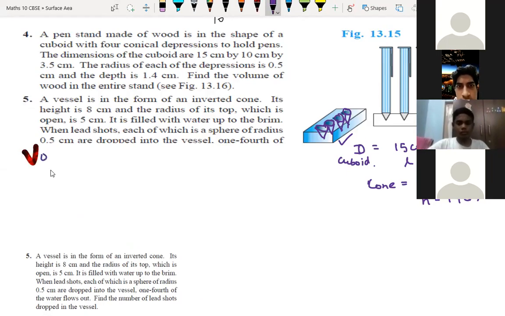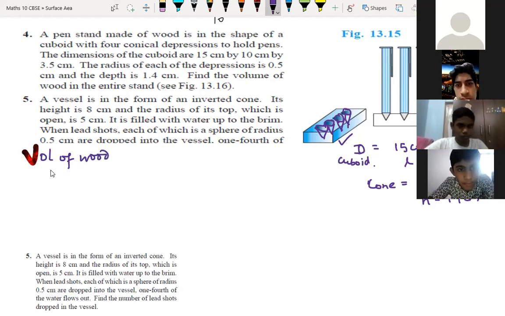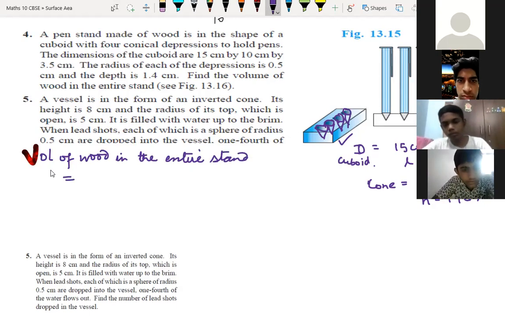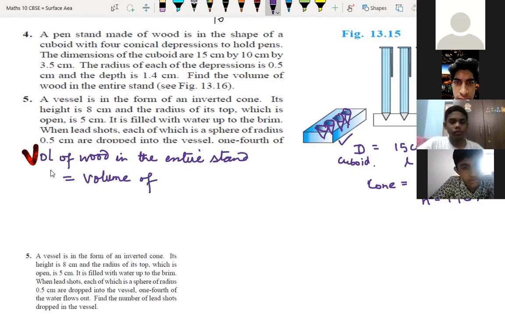Volume of wood in the entire stand is equal to volume of cuboid minus volume of four small cones.